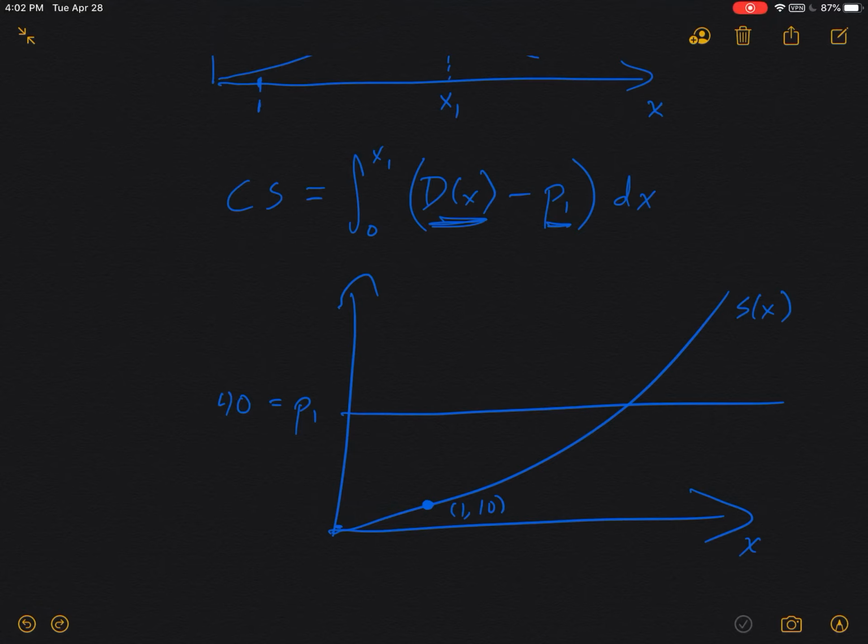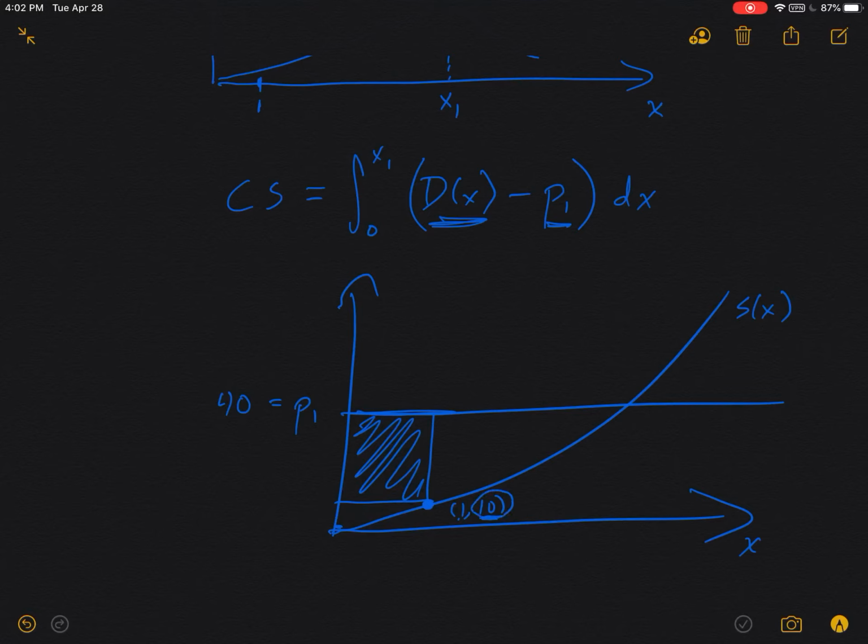So what this is saying is that there is one supplier out there who would be willing to supply an item for $10. But notice that by selling at the market price, they're actually making more than what they were willing to sell it for. So this difference here, or really this area, is going to describe the amount of money that that supplier is making over what they were willing to sell it for.